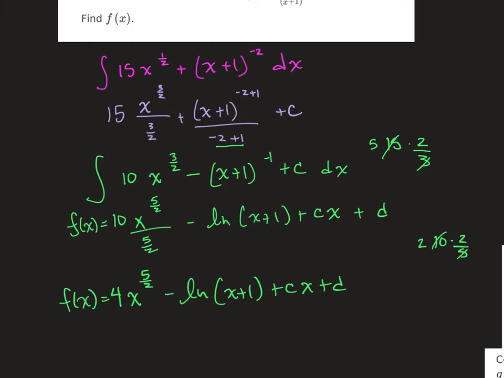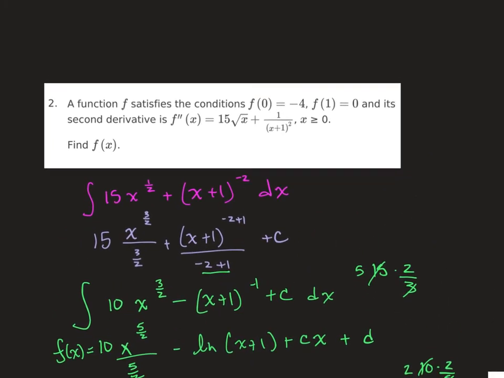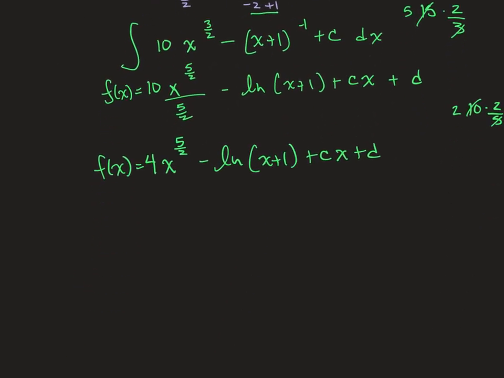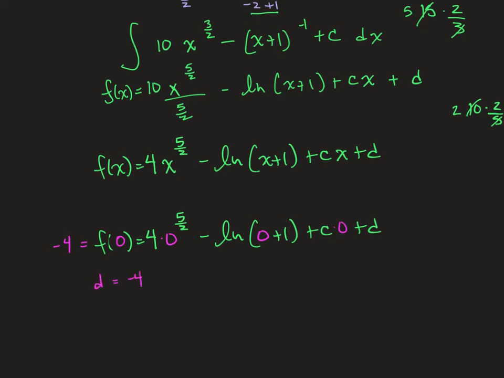Now we can start using the boundary conditions. So f of 0 is negative 4. If we plug in 0, here we'd have a 0, and the natural log of 1 is also 0, so we just get that d is equal to negative 4. Okay.